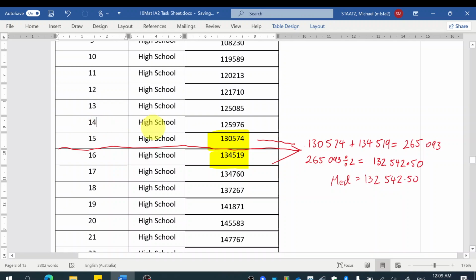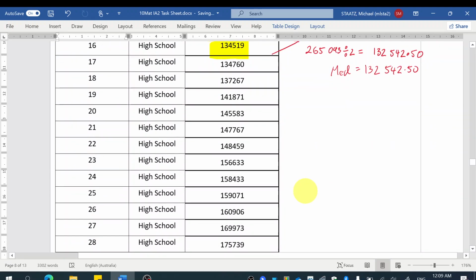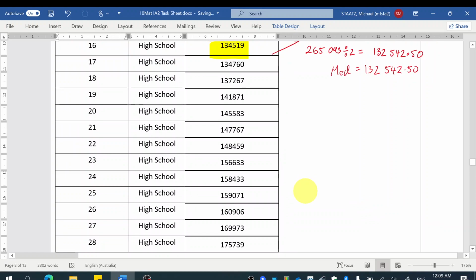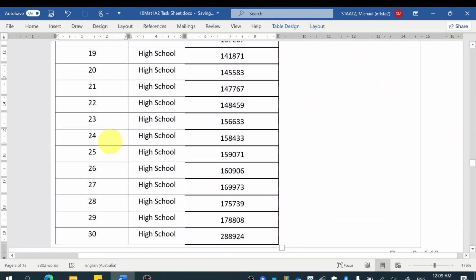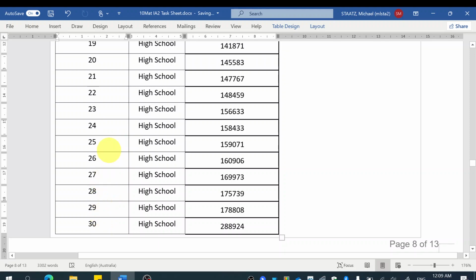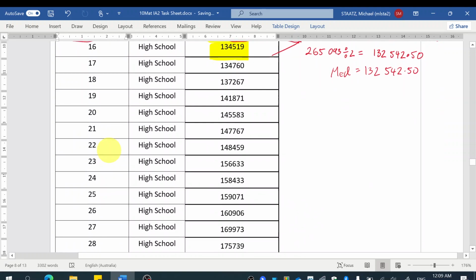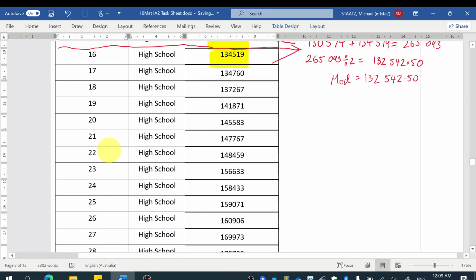And then I need to find Q3. So I need to look down here and I see that I've got from observation 16 down to observation 30. So that's 15 observations. And the middle of 15 observations is the 8th one.